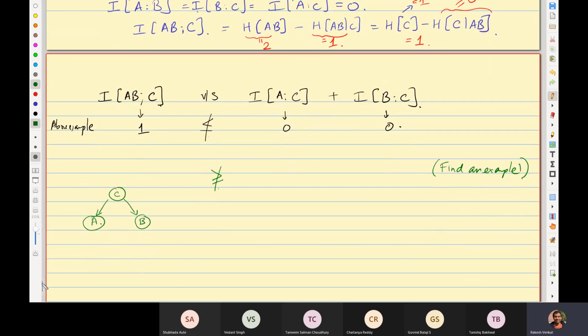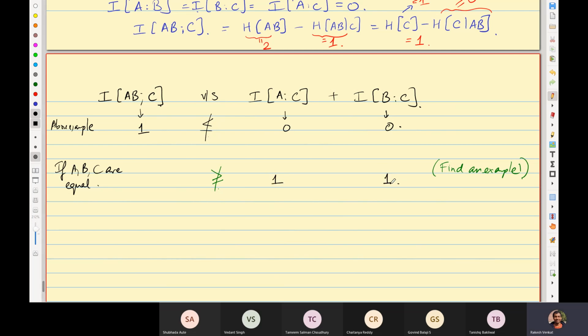So I'm going to try to find an example for this. Okay, so it looks like, in fact, if you have them to be equal, so if A, B, and C are completely equal, then in that case, I of A given C is equal to 1.